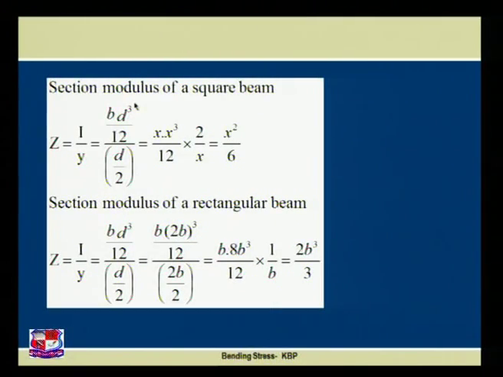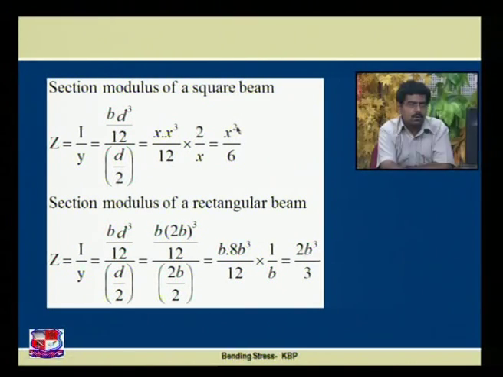Now the section modulus of a square beam is I by Y, where I is 1 by 12 BD cube divided by D by 2, that is 1 by 6 BD square, but B and D are the same. We got the answer Z is equal to x cube by 6. It is an interesting point.